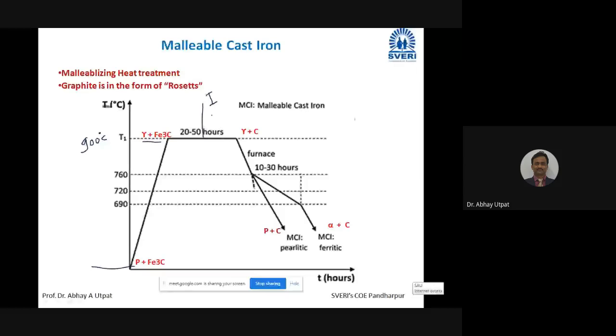First stage of graphitization means what? Gamma remains gamma. Fe3C decomposes into 3Fe plus C. That 3Fe goes to gamma and C remains separate.